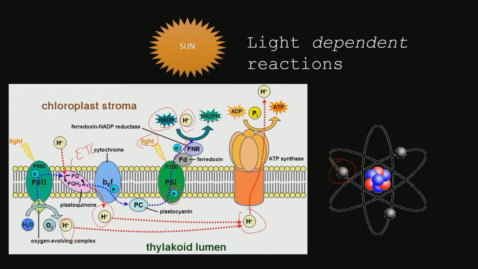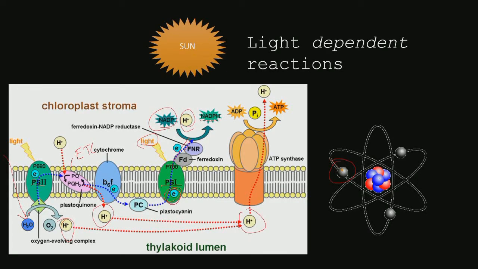Okay, so then you might be asking, hey, what happens to photosystem 2? Where does it get its electron from? And yeah, that's a good question, but the main reason for water is for this exact reason.